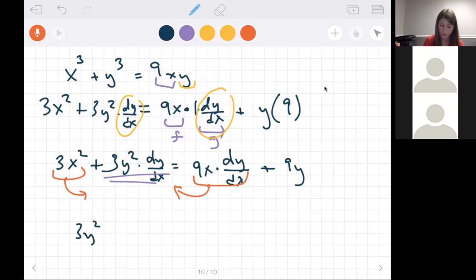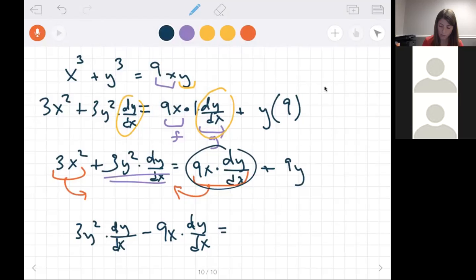Notice the terms with our dy. So 3y squared dy/dx minus our 9x times dy/dx piece, moving this guy over. And then on the other side of my equals, I'm going to keep the 9y that was already on the right side, and then I'm going to be subtracting my 3x terms.